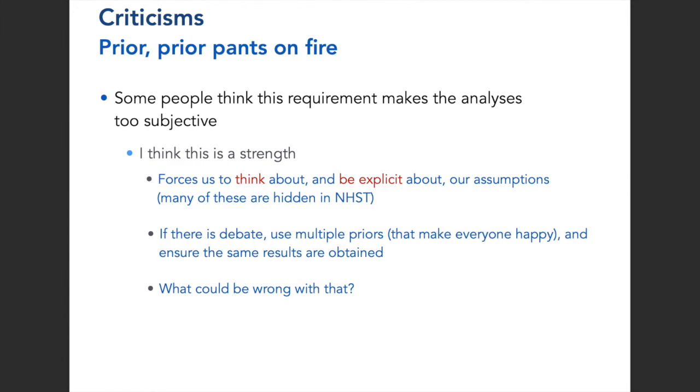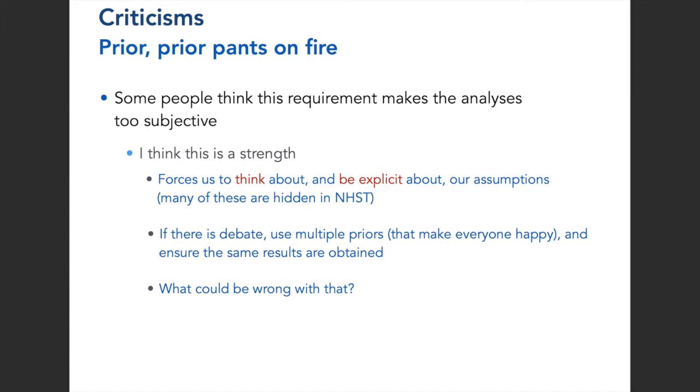So to me, I think requiring this prior information is actually a strength of Bayesian statistics, for a number of reasons. For one, it forces us to really think about and be explicit about our assumptions, right? To define priors, you have to have really thought about what's going on, and what you think the relationships are between different variables and things like that.